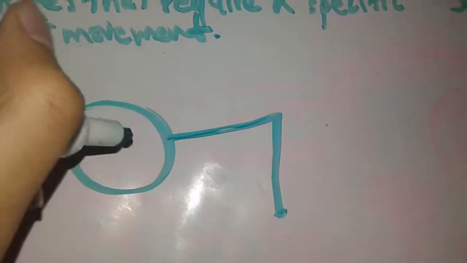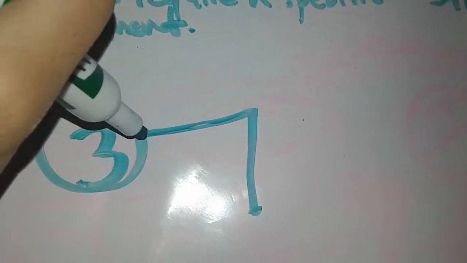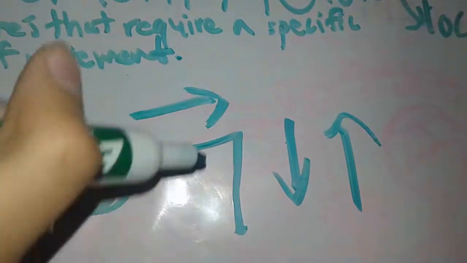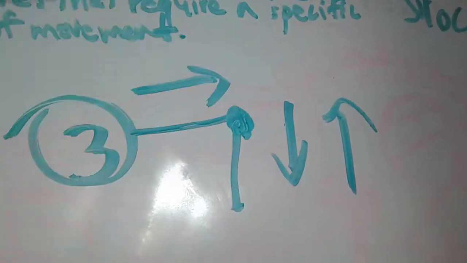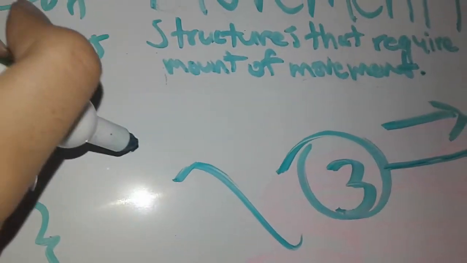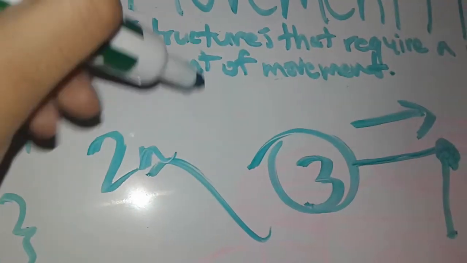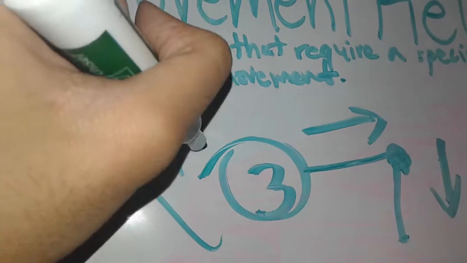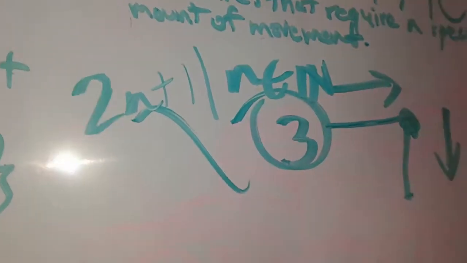So we have this right here. And if we have 3, we go from here, 1, 2, and you need one more move, so 3. That's the only possible move. You only end up here. So this is only for 2n plus 1, such that n is in the set of natural numbers. It could include 0.